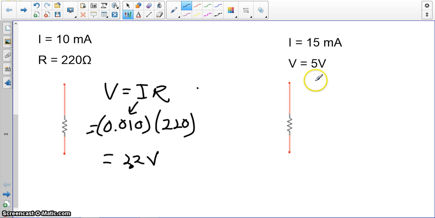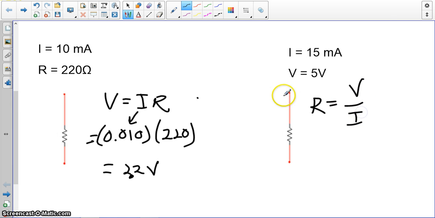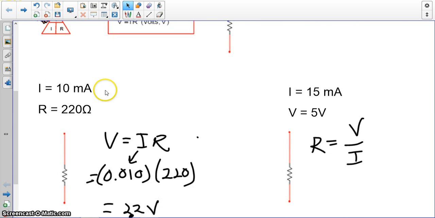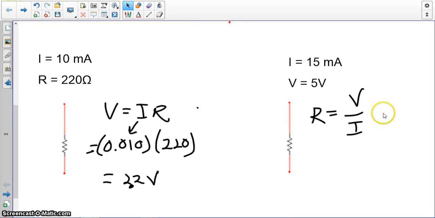So here, V and I are what's given. You could do algebra from this one and figure out that R equals V over I, or you can just use this little graphic organizer and recognize R equals V over I. I probably shouldn't be pushing this little graphic organizer. You guys should be able to do the math.